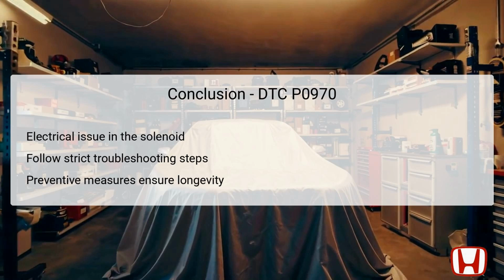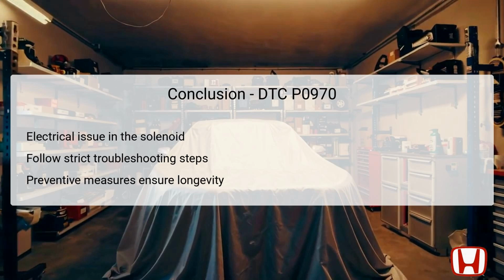Throughout this presentation, we have established the primary symptoms, possible causes, and structured troubleshooting steps to accurately isolate and remedy the issue. It is vital to understand that the problem is rooted in the electrical circuit rather than mechanical faults in the transmission. Ensuring that you follow the troubleshooting process methodically is essential for effective diagnosis and repair.